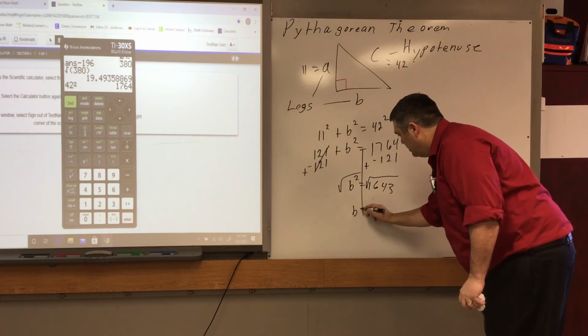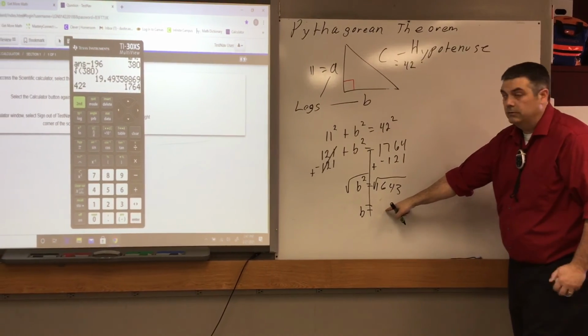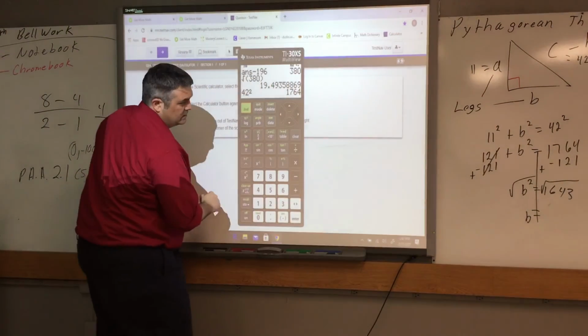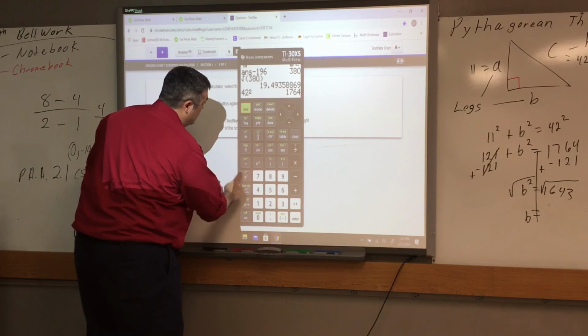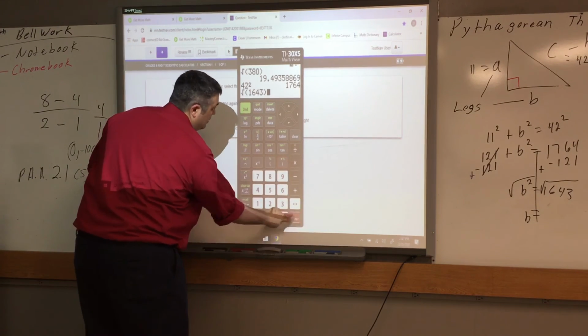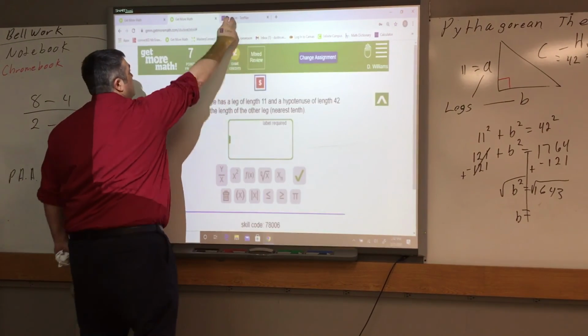You'll get B equals, and then whatever the square root of that is going to go right there. So let's find what the square root of 1,643 is. Square root of 1,643. Enter. That's 40.5. Yep, round to the nearest tenth.